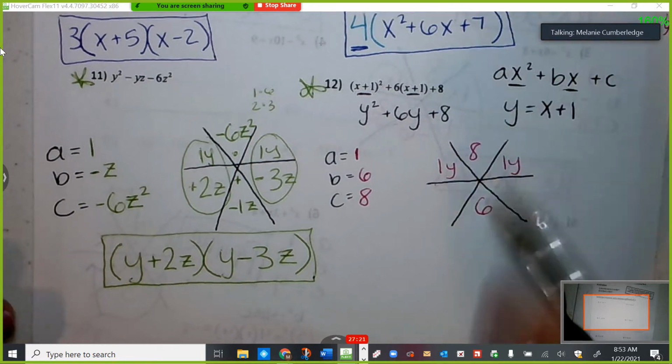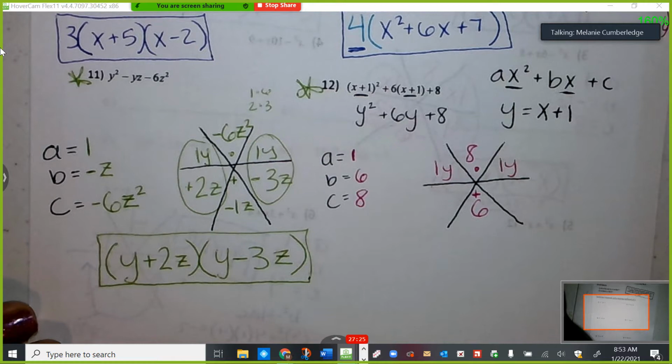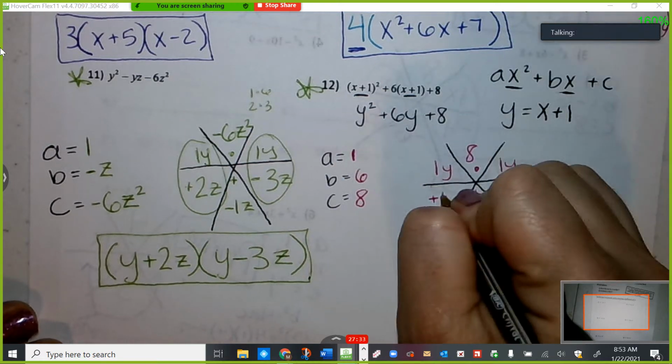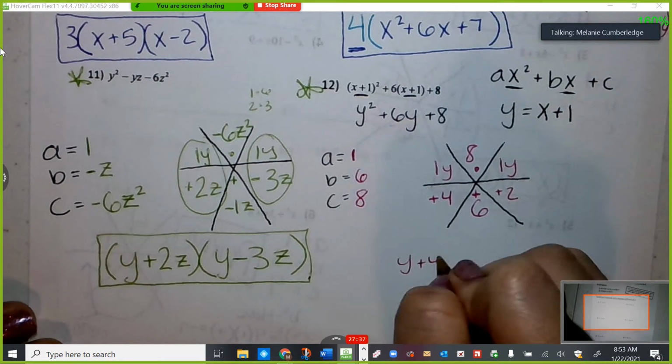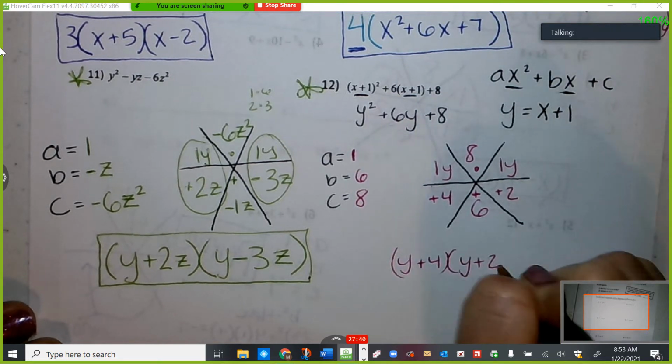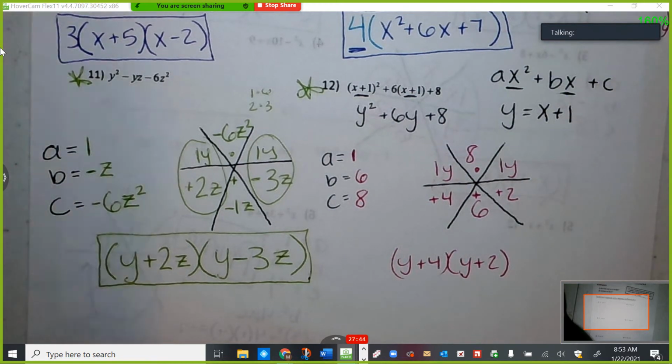What multiplies to give me 8, but adds to give me 6? Anyone? 4, 2. Yeah, positive 4, positive 2. So I get y plus 4 and y plus 2. But I'm not done, because now I have to substitute this back in there.